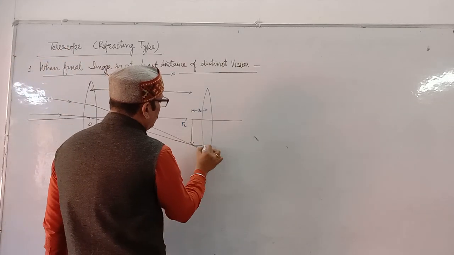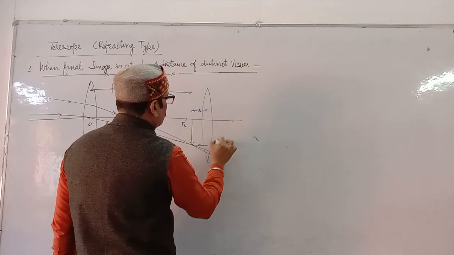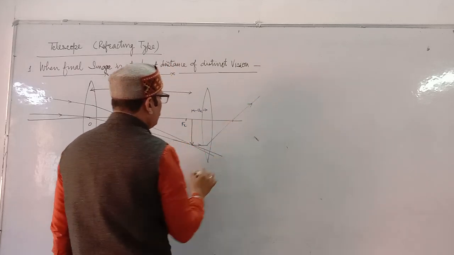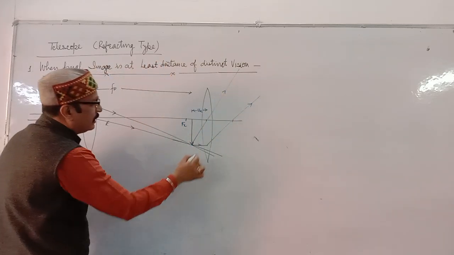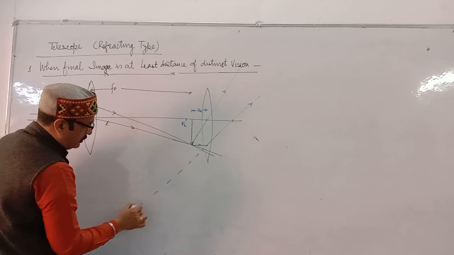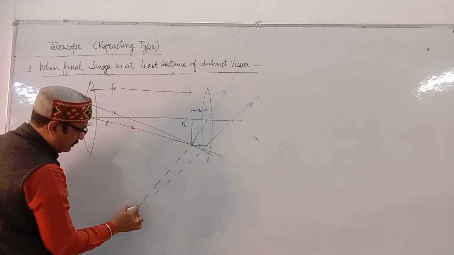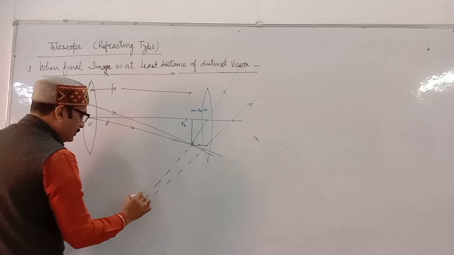One ray will go parallel and pass through the focus of the eyepiece, and the other ray will go through the optic center of the eyepiece, and on extrapolating this, we get a point here.